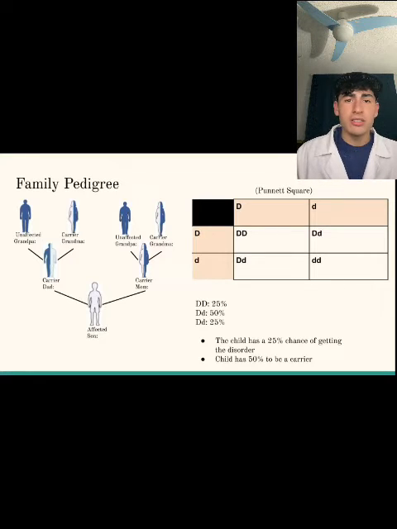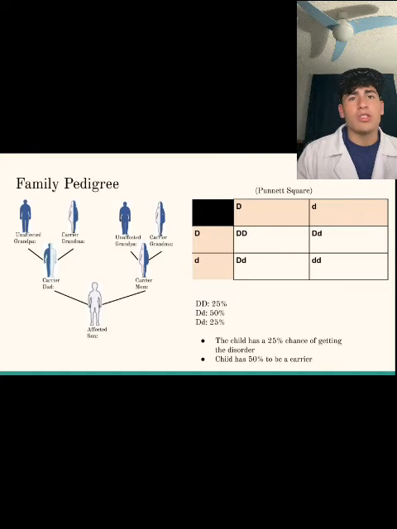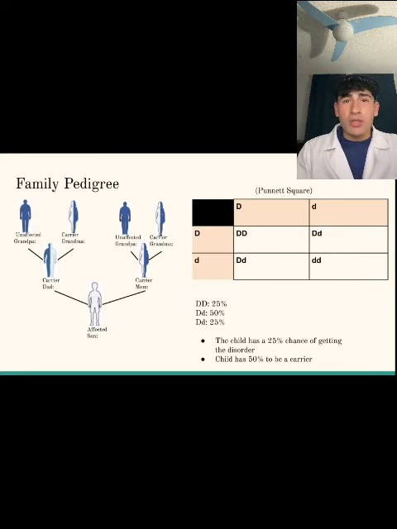Since they were carriers of a recessive disease, this gives the son a 25% chance of getting it, a 50% chance of being a carrier, and a 25% chance of not getting it at all. So it will be undetermined until the child is born, but for now, he still has a strong chance of being a carrier and not affected.